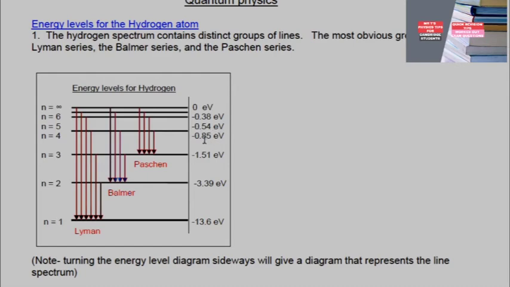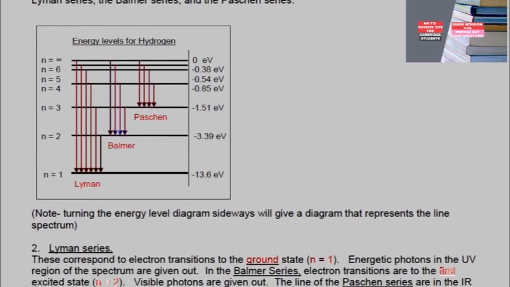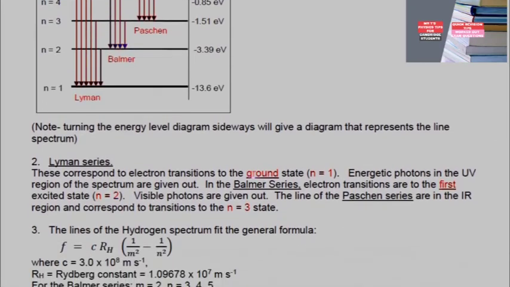Right, and then to n is equal to 2, which is minus 3.39 eV. So we're going to say E2 minus E1. Right, so E2 is this one, minus 3.39 times 1.6 times 10 to the power of minus 19 minus 0.85 times 1.6 times 10 to the power of minus 19. So that should equal hf.